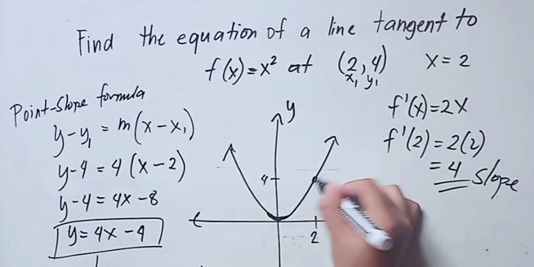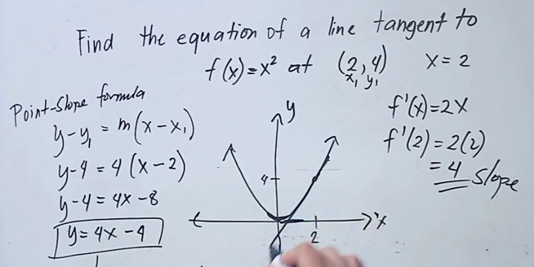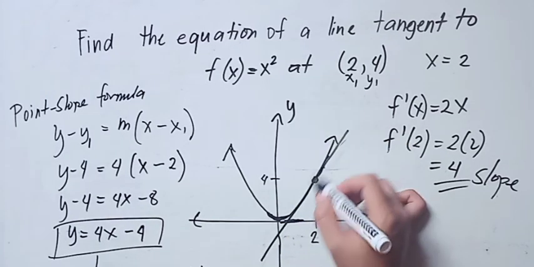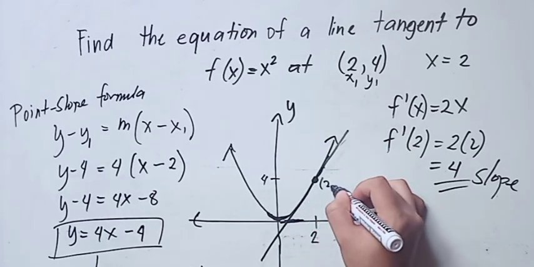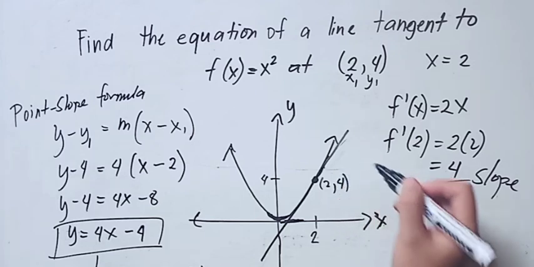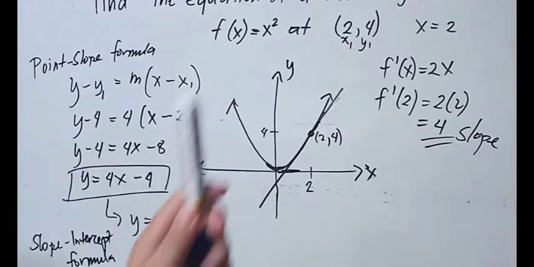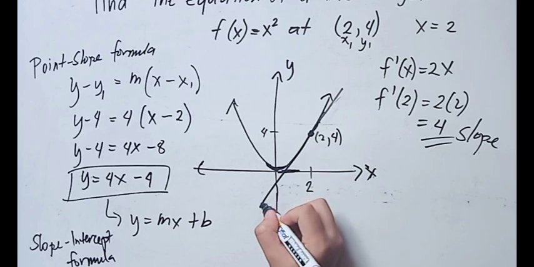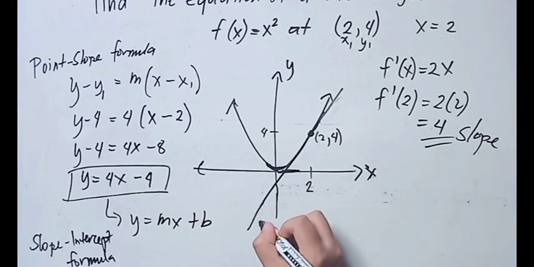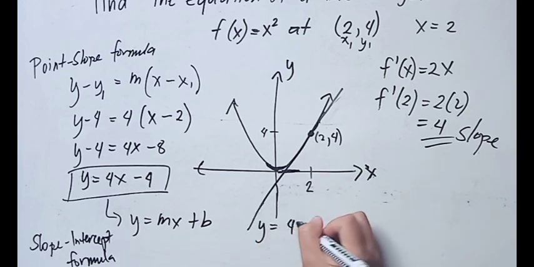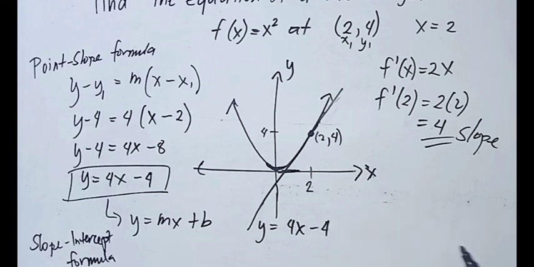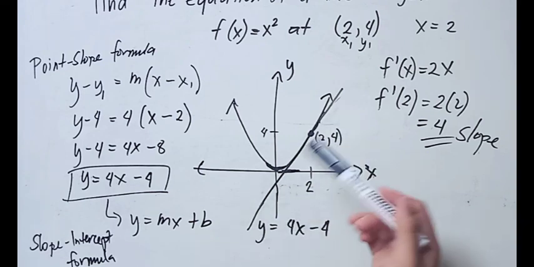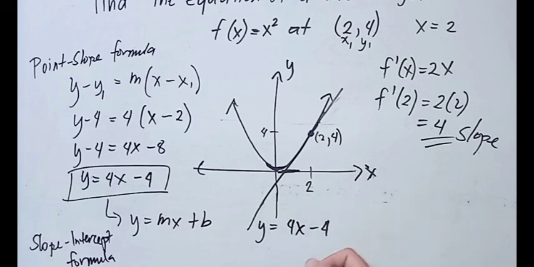If this is the point, then this is the tangent line that touches the curve at 2, 4. And the equation of this line is y equals 4x minus 4. So that is the graph of the tangent line with an equation of y equals 4x minus 4.